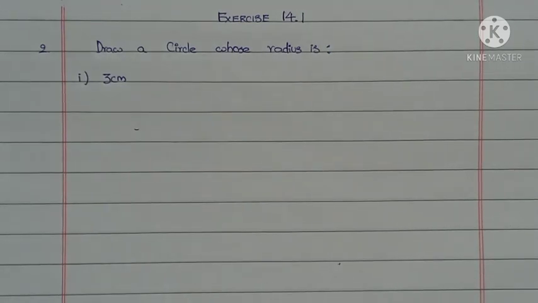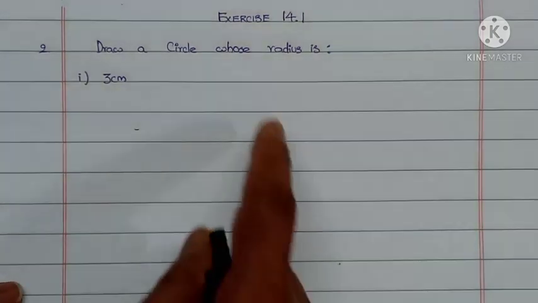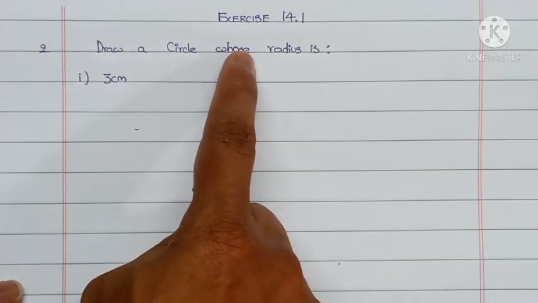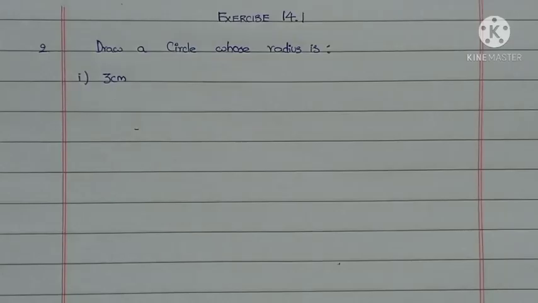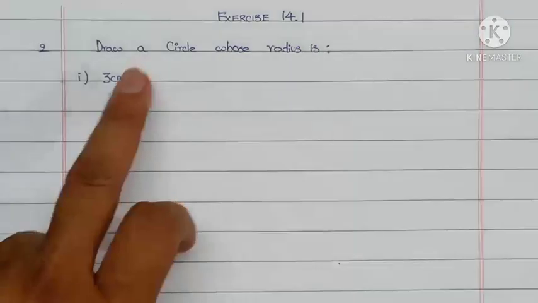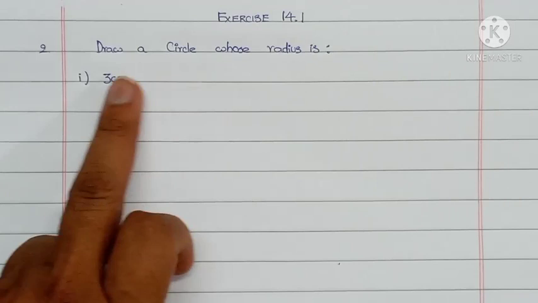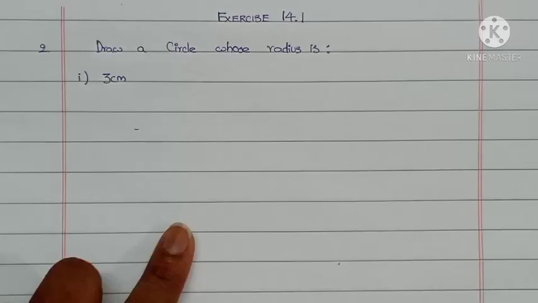As you can see, I wrote the question with blue, but as we are writing the question with black, you please make use of black. Black is not readily available with me. So the question is, draw a circle whose radius is 3 centimeters.